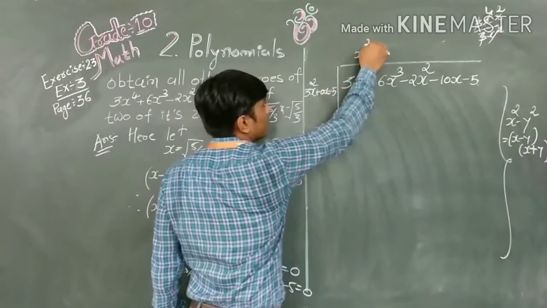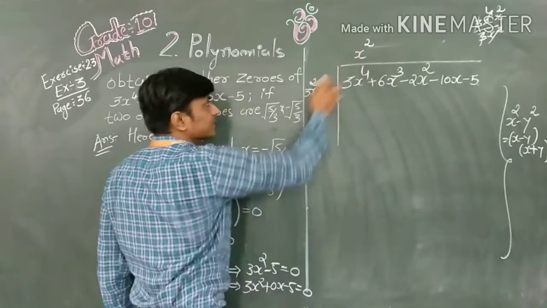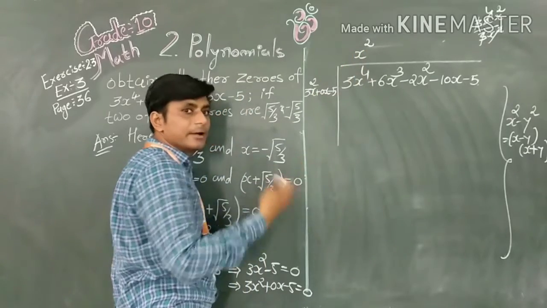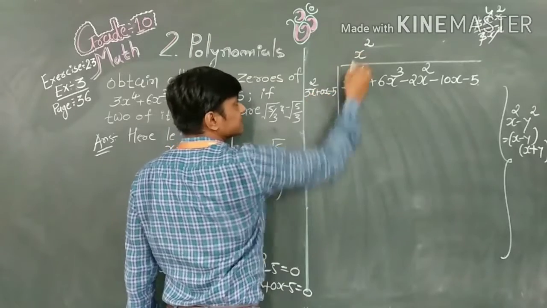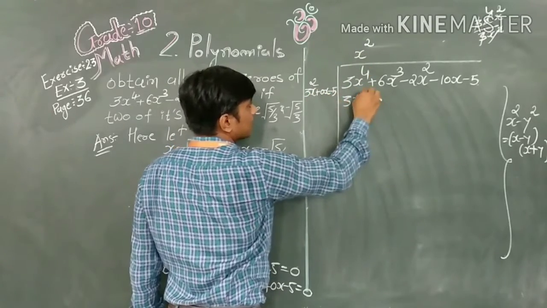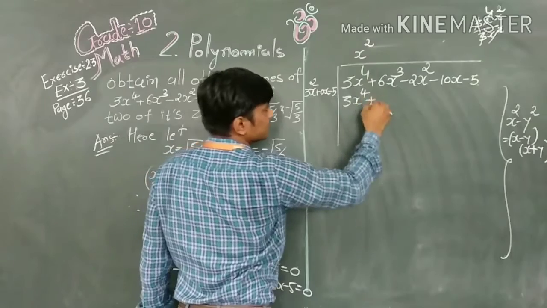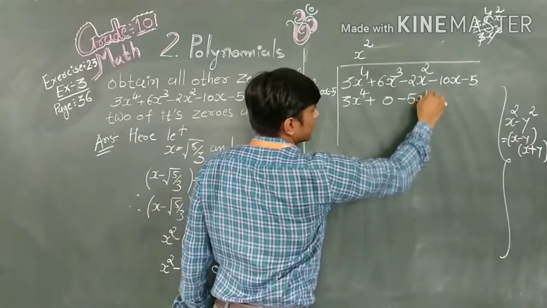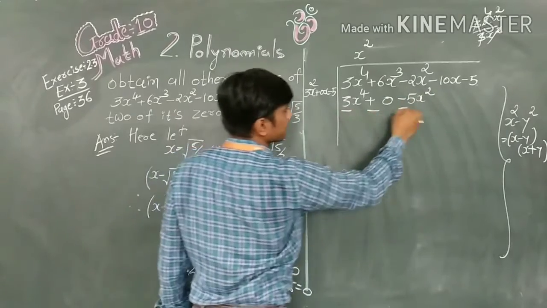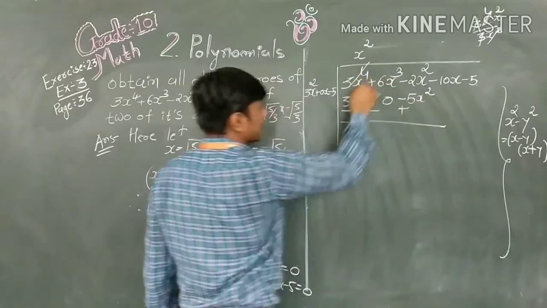Now multiply x square with each term one by one. What is the multiplication of these two terms? 3x raised to 4, 0 into anything is 0, minus 5x square. Now change all signs. These both are cancelled.